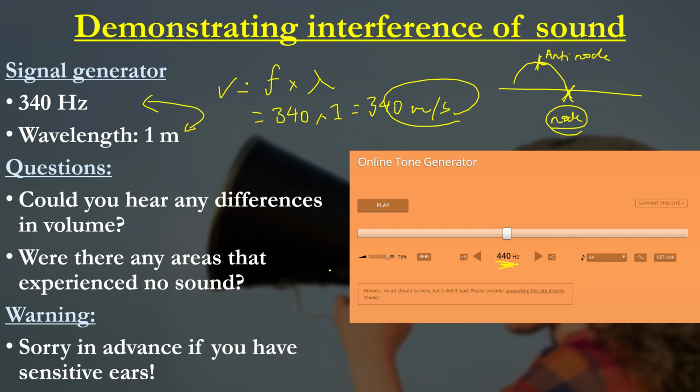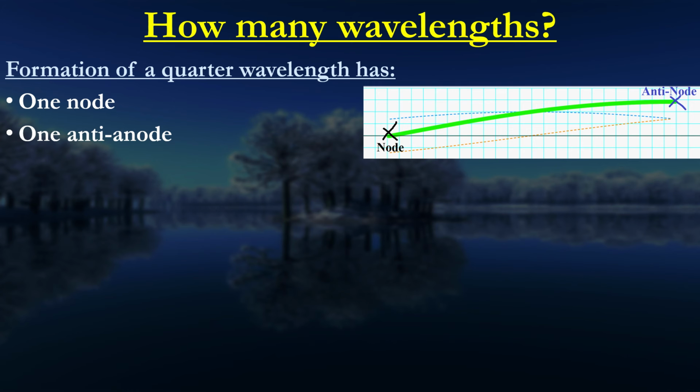So let's actually get into how to work out the pitches of sound we have. Now, in order to calculate the wavelength of any wave, the best way is you can base it on the crest or the troughs. Another way is you can use the nodes and antinodes. So if you find a wave like this one we have here, if you just have these two, that's a quarter of a wavelength.